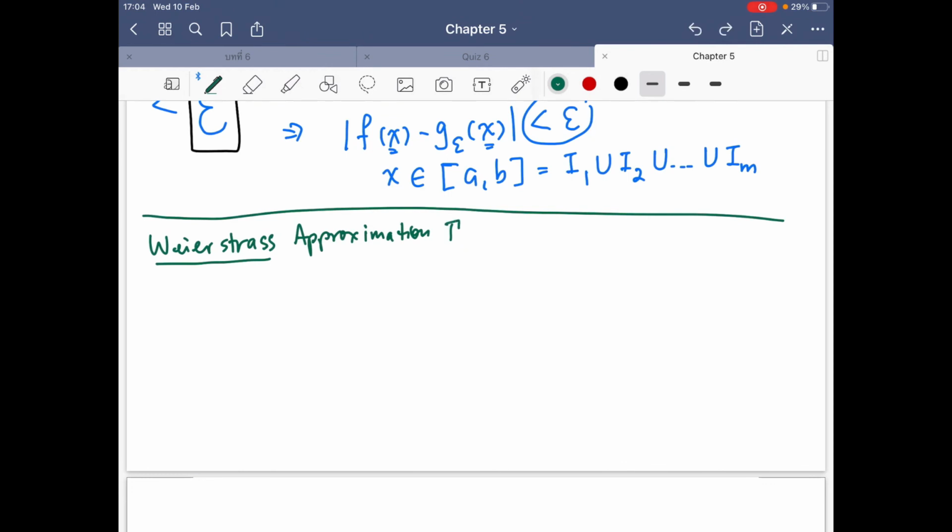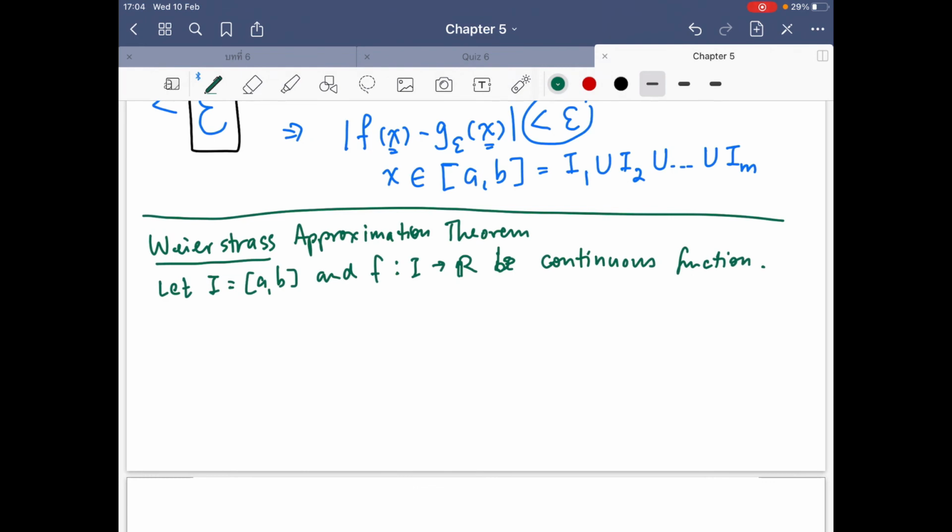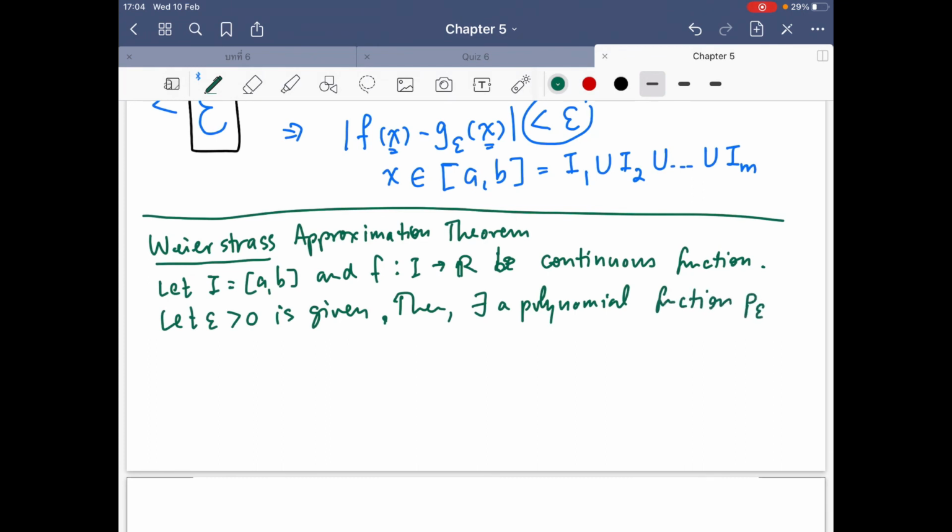It says that if the interval under consideration is the closed interval AB and your f from this closed interval to the real numbers is continuous, then no matter how small an error epsilon you can think of, you can find a polynomial function p, depending on that epsilon, such that the difference between the real value and the approximating polynomial is less than that given error for each and every element in that interval.